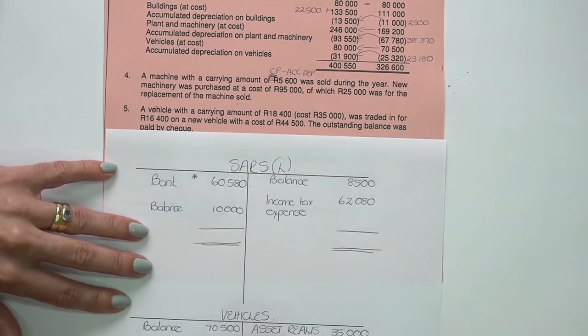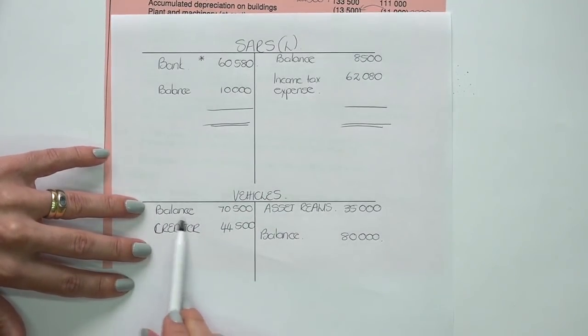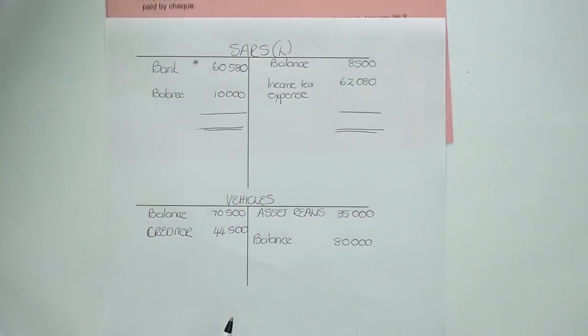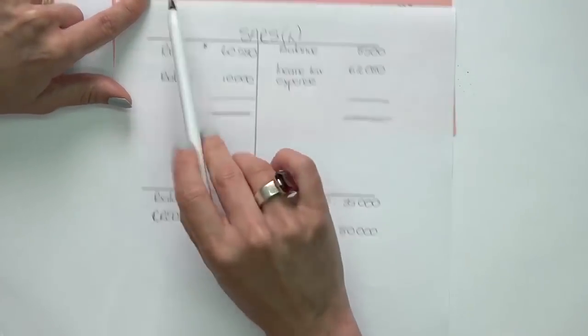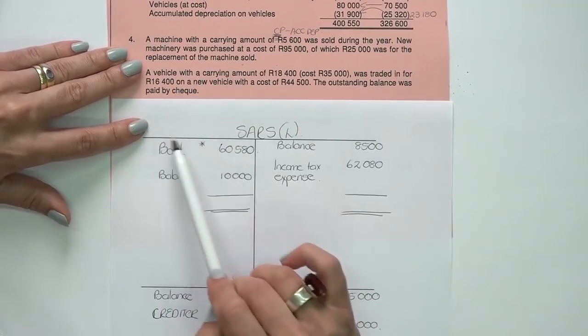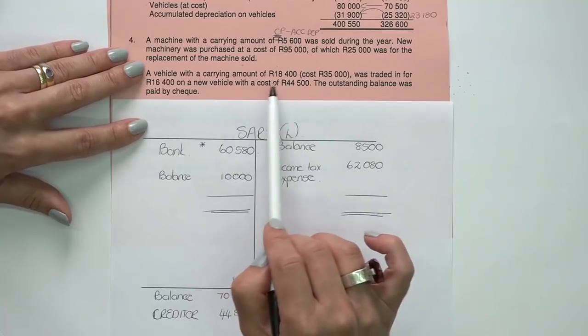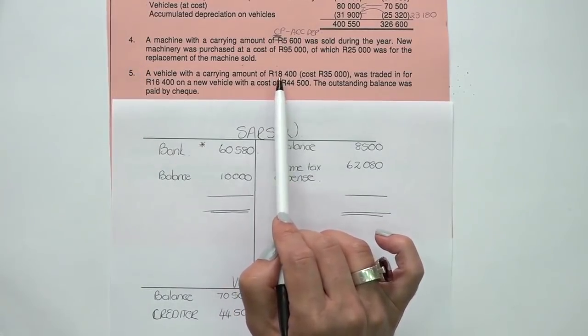44,500. Now you will see I didn't write bank here, I wrote creditor, because this was a trade-in. And in a trade-in transaction, you are not going to receive the money for the sold vehicle and then pay in a separate transaction the money for the new vehicle.